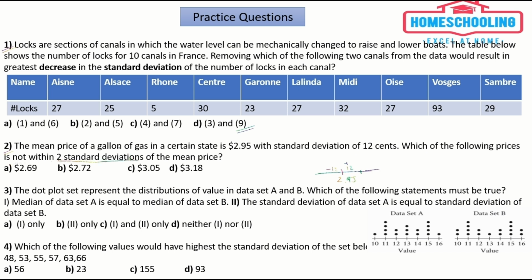This was our mean value 2.95. We will add 12 cents 2 times, so plus 12 cents one more time, and on the left side minus 12 cents, and one more time minus 12 cents. This is going to be our range, and we have to find which of the following prices is not within the range.